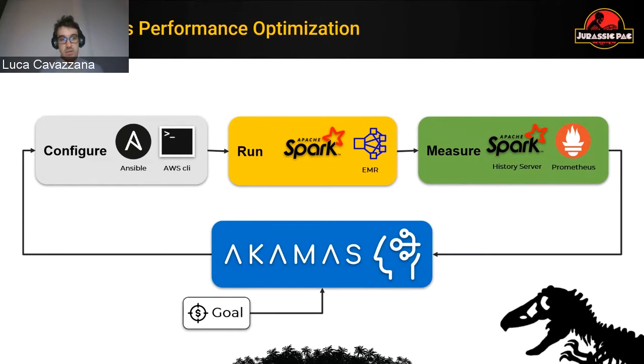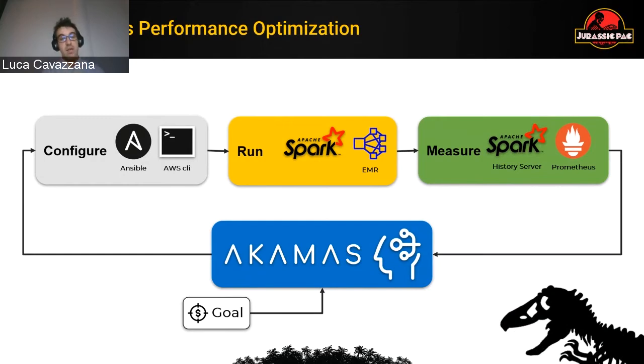So putting all this together, we can have machine learning, this optimization engine that orchestrates at the high level the entire process, analyzing the metrics data, generating a promising candidate configuration to test, passing those parameters down to the workflow.